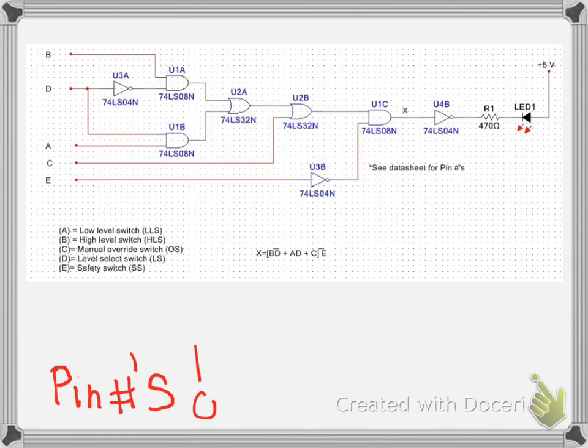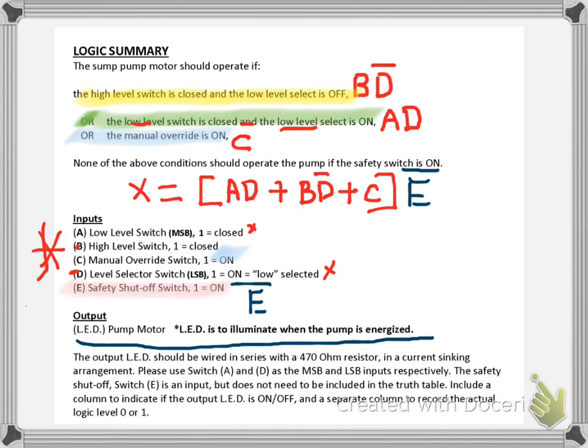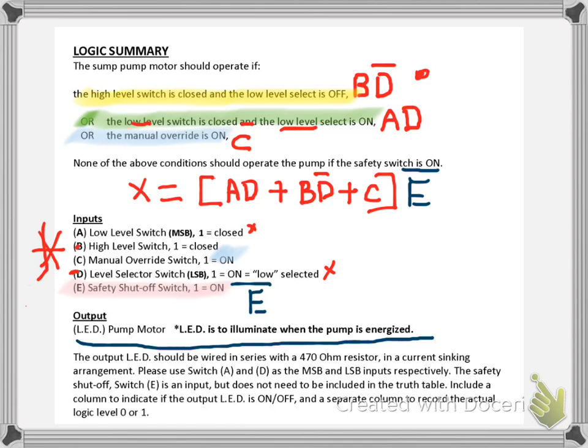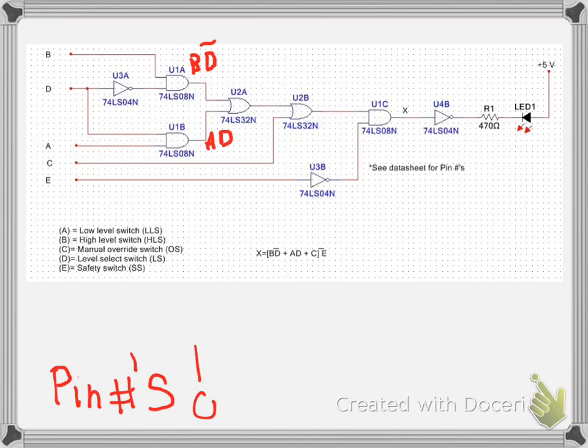I'm going to write on all the terms here. This is going to be B, and I find it very helpful to record it just like that. That would be B ANDed with D not. That's that term right there. And this right here is going to be A ANDed with D, that term right there.